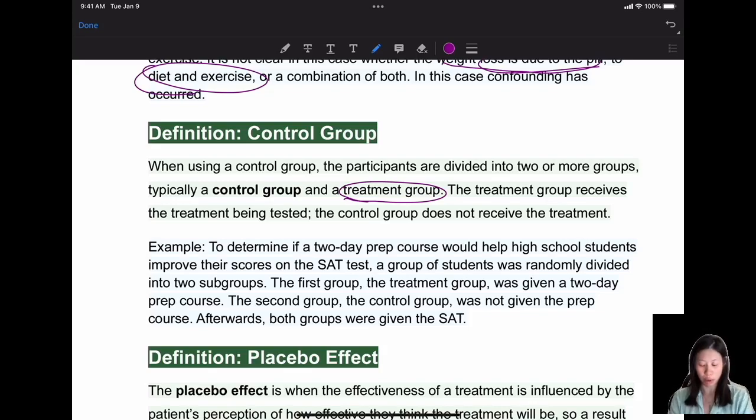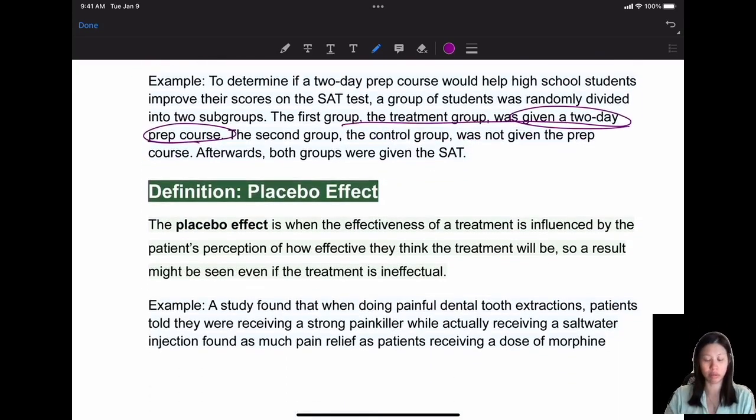Afterwards, they both were given the SAT. So you see the differences. The treatment group gets the treatment, because we want to test how effective the 2-day prep is at improving the SAT score. The control group you don't give anything; they receive nothing.